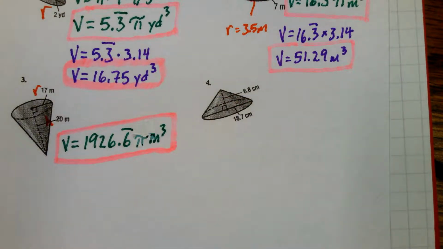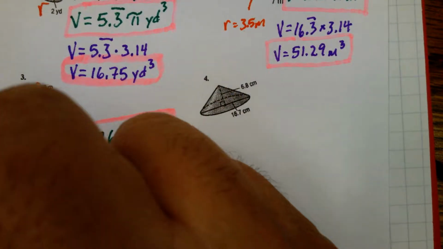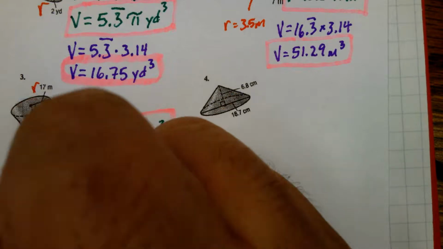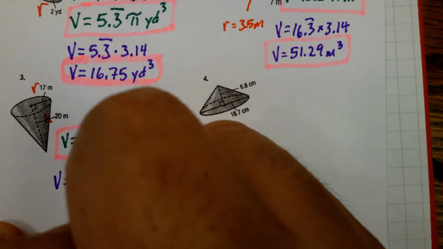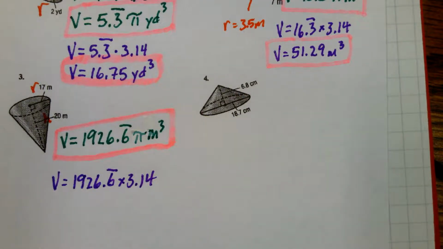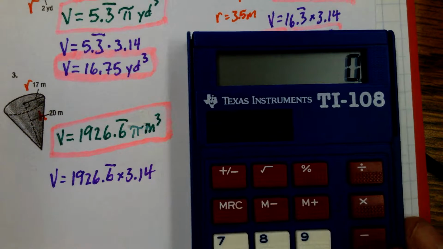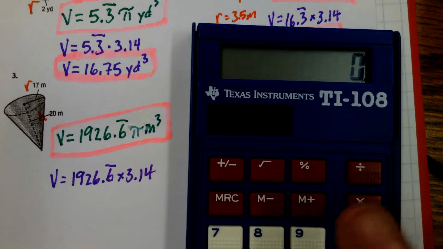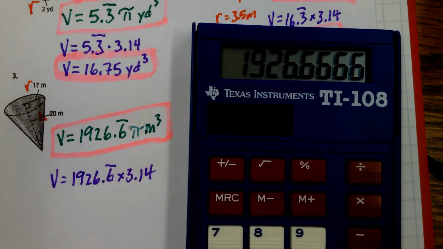Let's go ahead and calculate the approximated answer. We're going to take 1,926.6 repeating. We'll try to approximate that as much as possible. Multiply that by 3.14. So the way you want to do that, say you already cleared your calculator, and I'm like, how do I get this number back? We can do a very almost exact approximation. 1,926 point, and then just as many sixes as you can fill in there.